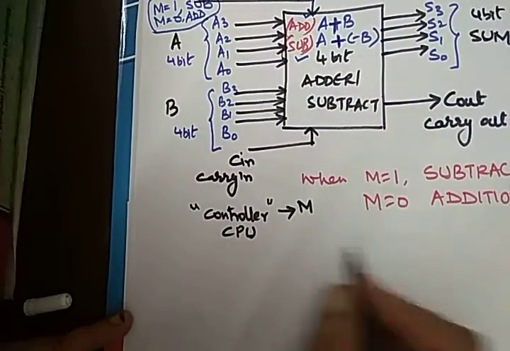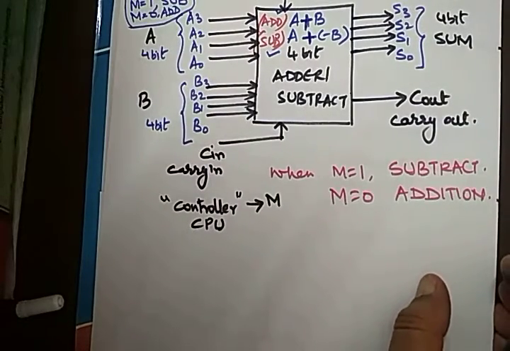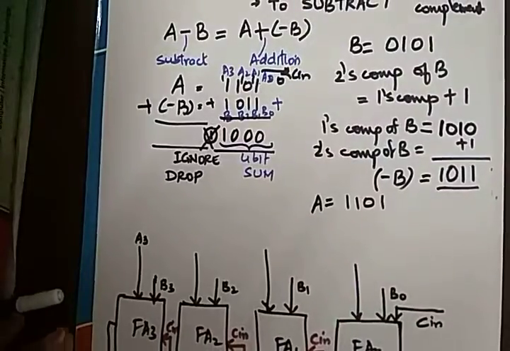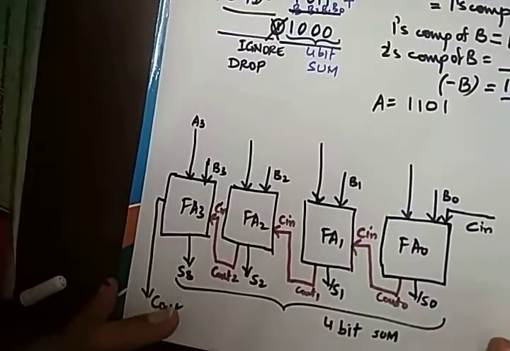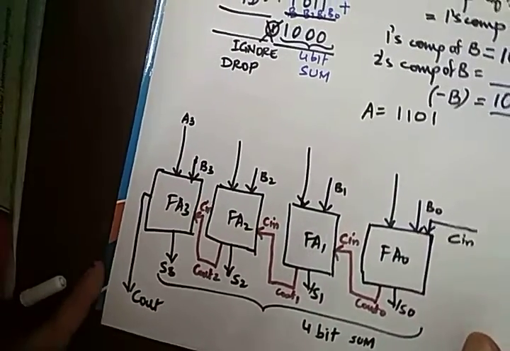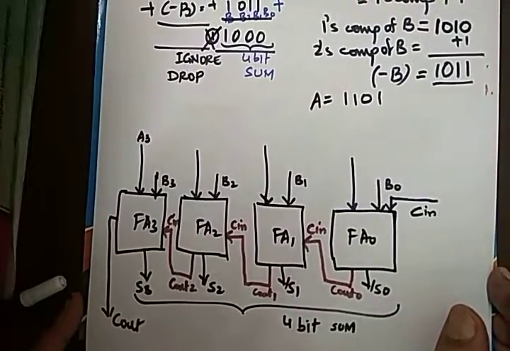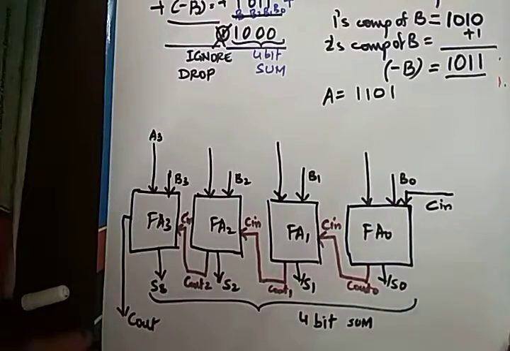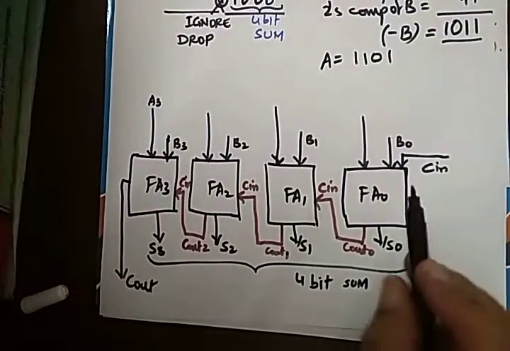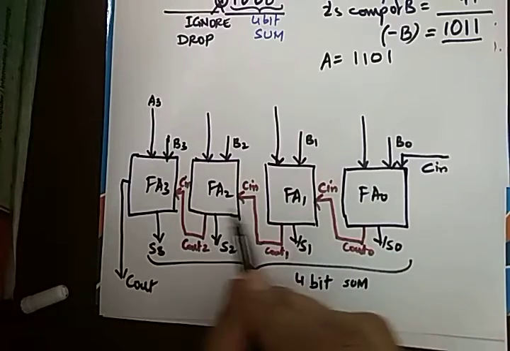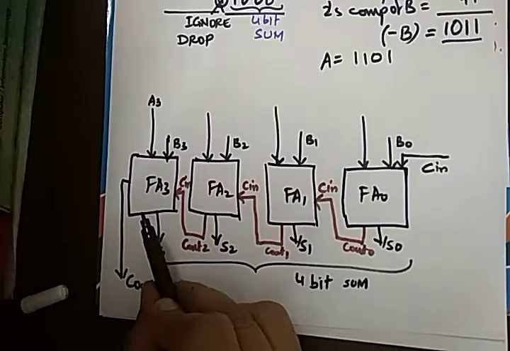Okay, with this clarity in our mind, we see that the circuit will be very similar to the 4-bit parallel adder. From a previous chapter, just recall that the circuit of a 4-bit parallel adder had 4 full adders: full adder 0, full adder 1, full adder 2, full adder 3.